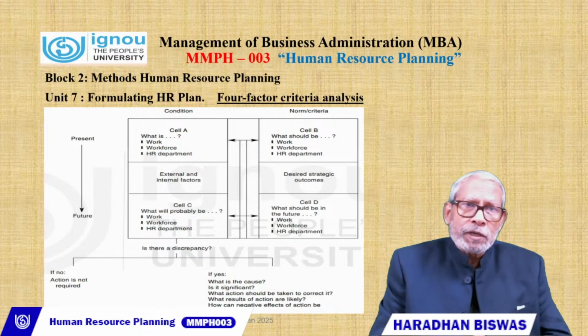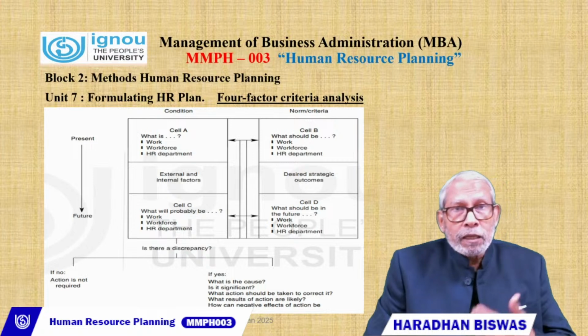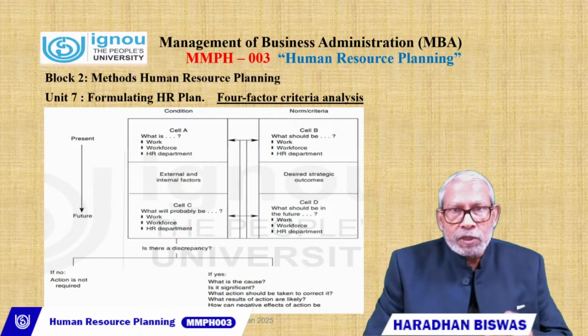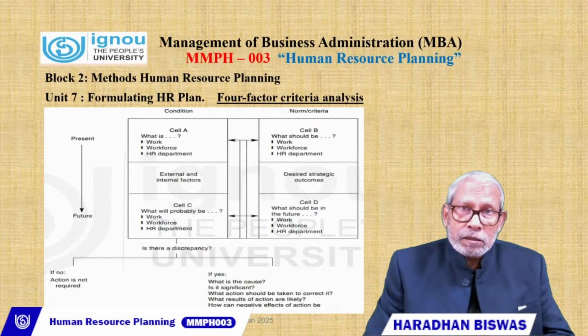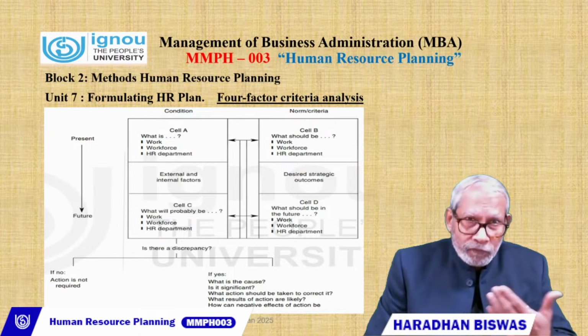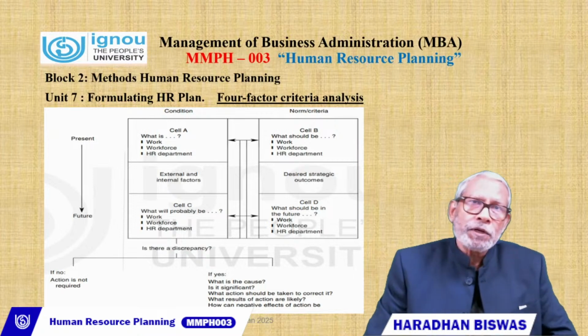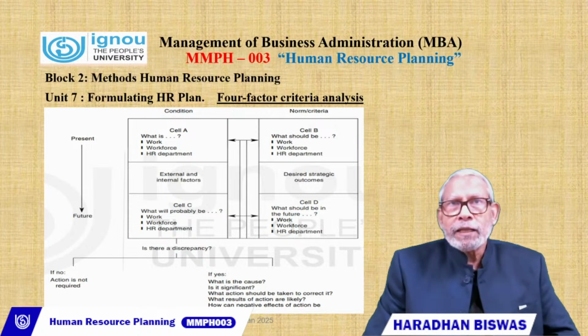Then quadrant number C, cell number C, is what will probably be. You have to expect from this, based on the data from the first quadrant, second quadrant, then third quadrant, you are deciding what the probability should be. Before taking decisions, you have to decide the probability in relation to our workforce and HR department.